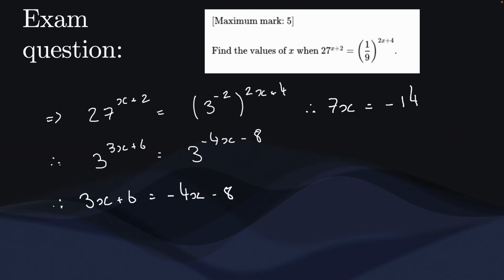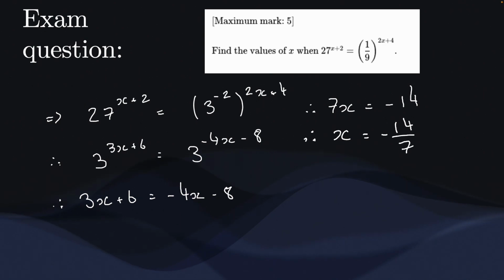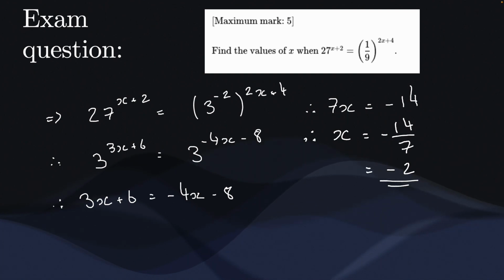Just doing some algebra. Therefore, we can rearrange that and say that x is equal to minus 14 divided by 7. And 14 over 7 is just 2, so x is equal to negative 2. And there's our answer. And when you do this on your own, it goes a lot quicker once you've had enough practice. I've just gone over every step just to make sure that everything is understandable to you guys.